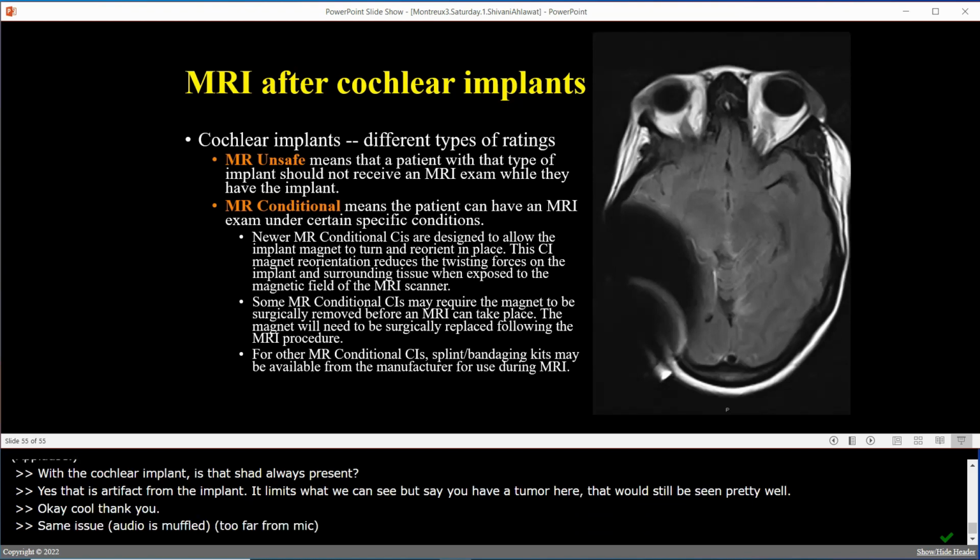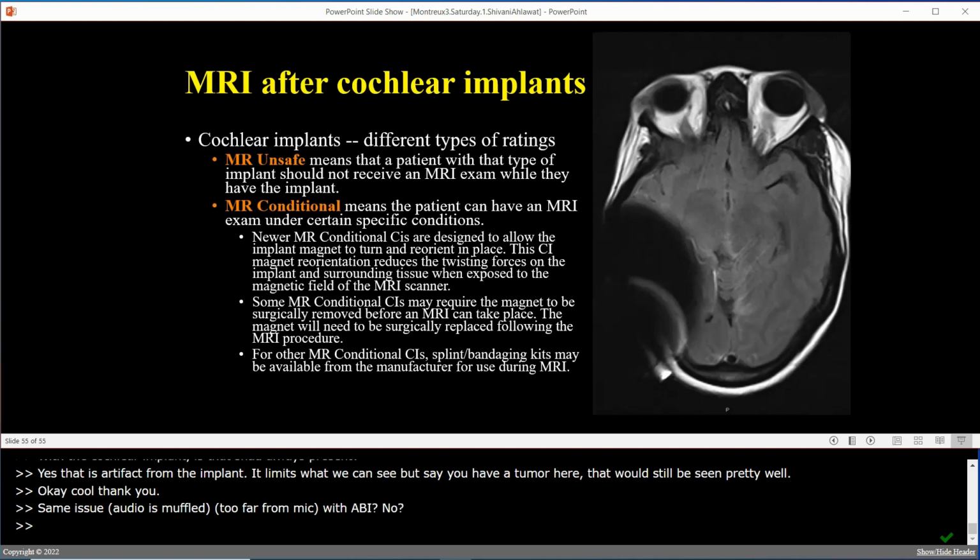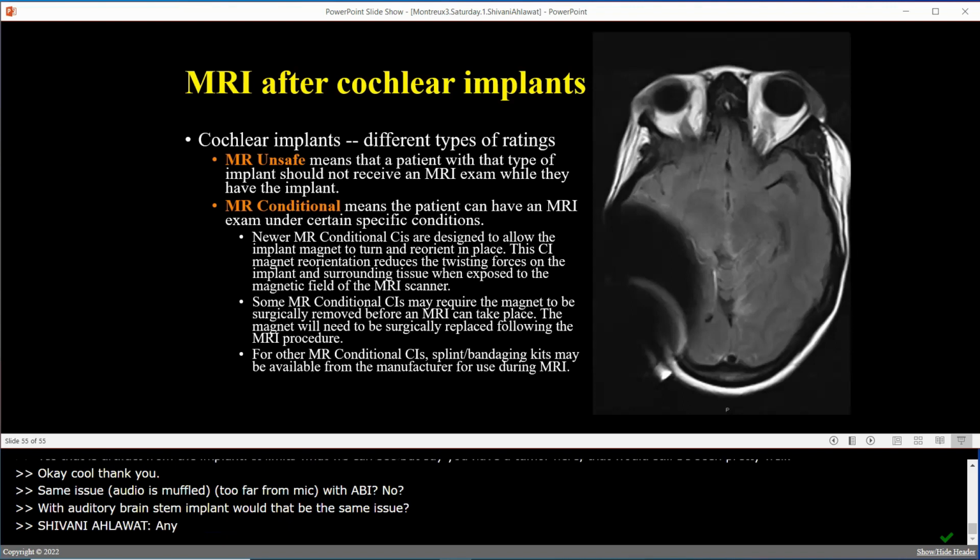Same issue with an ABI? With an auditory brainstem implant, would that be the same issue? So any implant in the body will lead to susceptibility artifact. And that's true if you have a hip arthroplasty, metal from fracture fixation, anything that's ferromagnetic will lead to artifact on MRI.